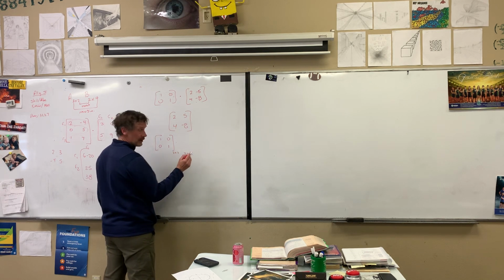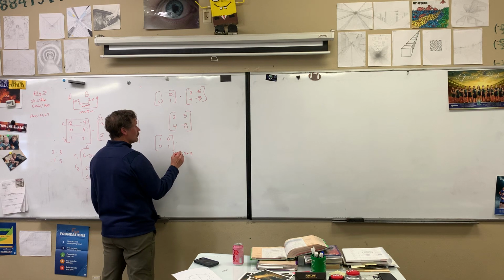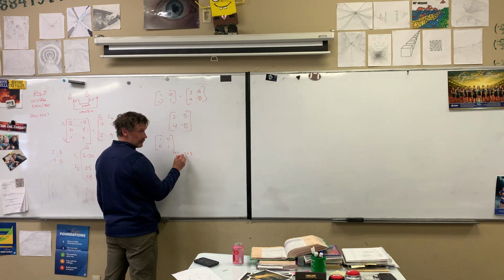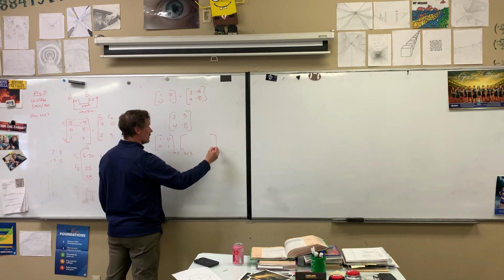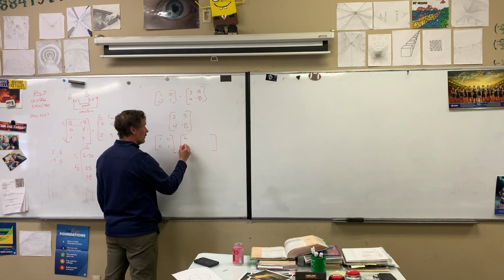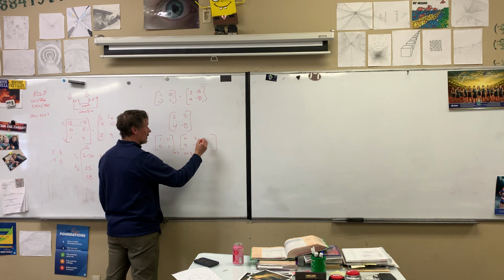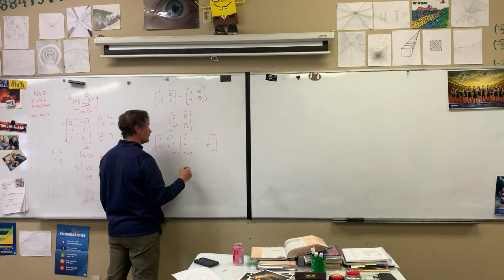So let's go 2 by 3, just to mix it up. So 2 rows, 3 columns. So it'll look like this. We make up numbers: 6, 4, 2, negative 1, 5, 7.